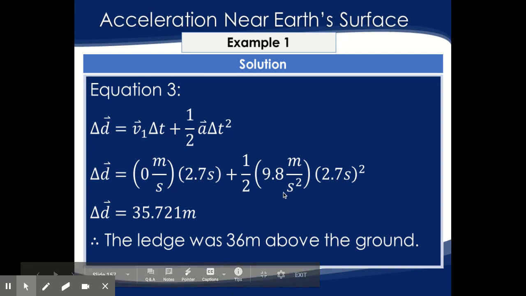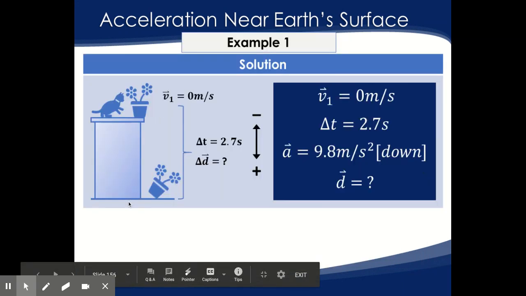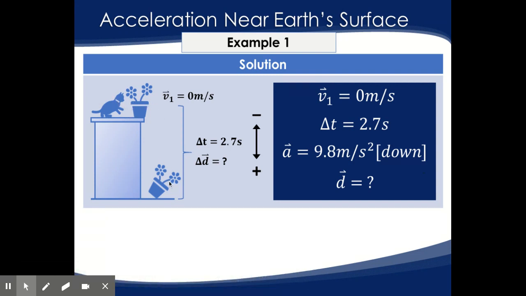So the thing with the positive and negative here, if you leave this as a negative, your answer just ends up being negative, right? We know that the distance would have been traveling in the negative direction, because the cat pushed it down. Since it's traveling in the negative direction, the answer would have shown that it was traveling down anyway.